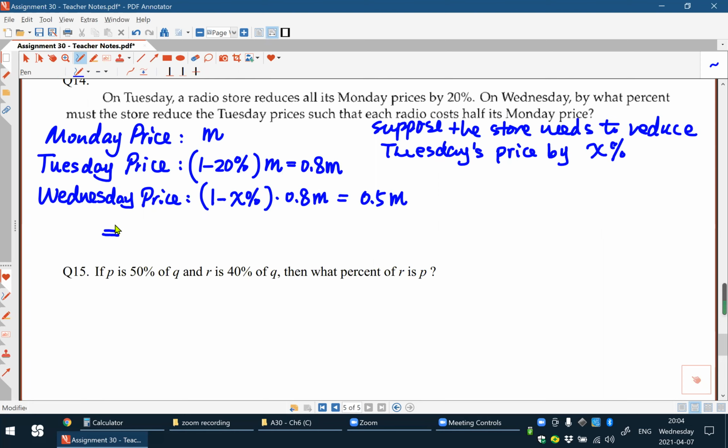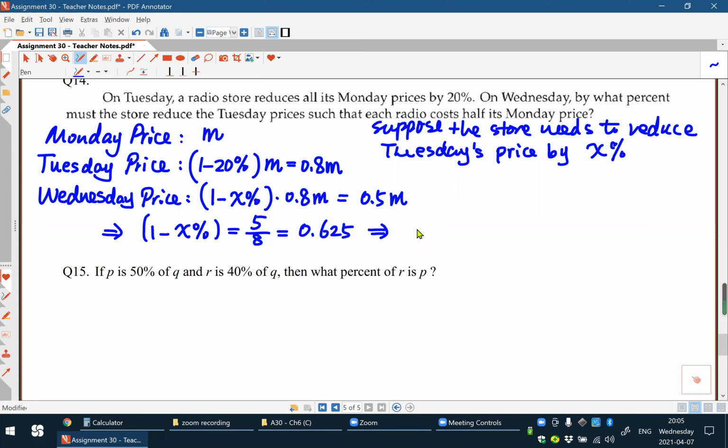So according to this equation, we know that 1 minus X% is 5/8, which is 0.625.